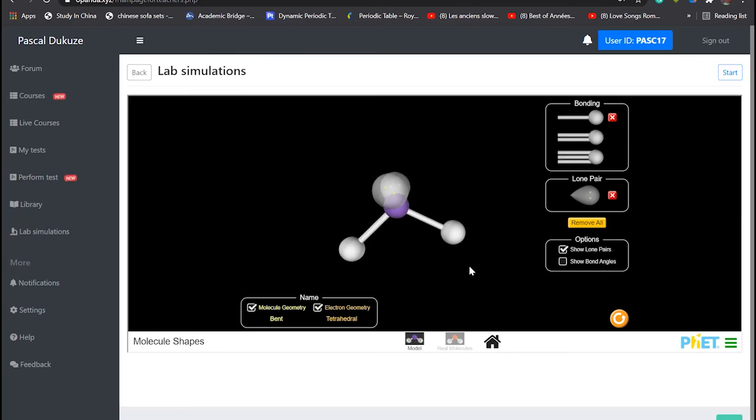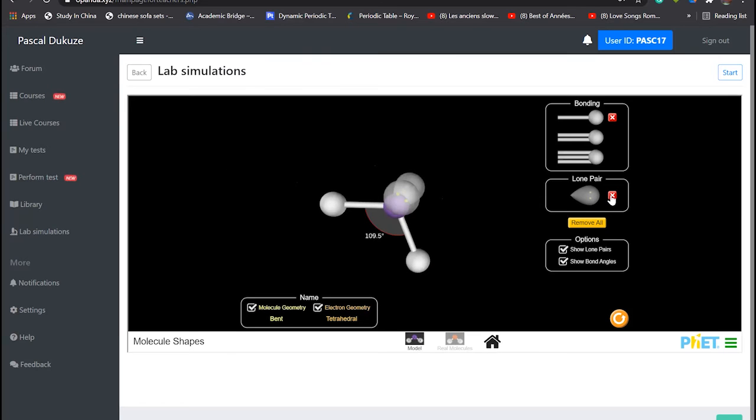Now, let's see how changing this, adding a lone pair, removing a bonding pair, will affect the angles. So you can tick here to show the angles. You can see here we have an angle of 109.5. Let's check.